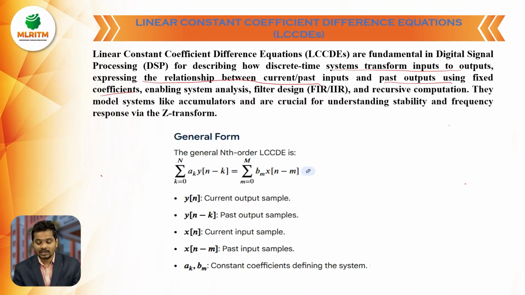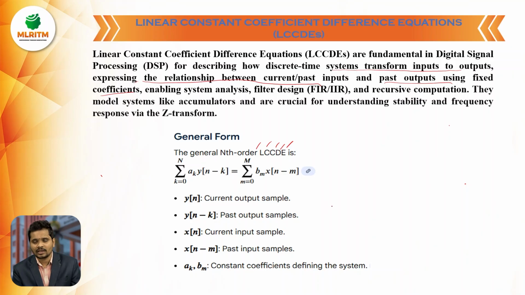And coming to the general nth order LCCDE, linear constant coefficient difference equations. In short form, we will call it LCCDE. It can be represented as summation k equals 0 to N of a_k y of n minus k equals summation m equals 0 to M of b_m x of n minus m.